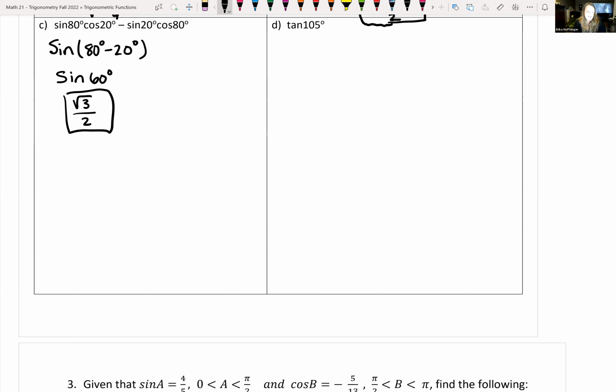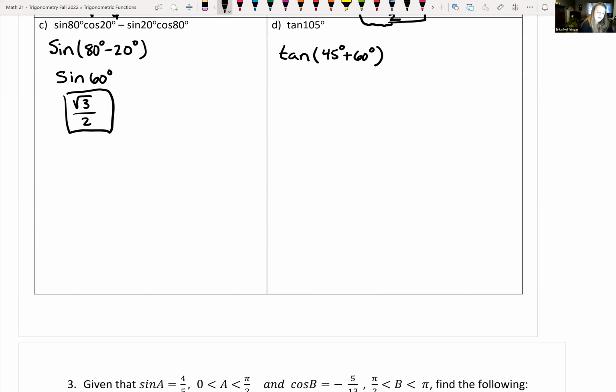So looking at tangent of 105 degrees, I noticed that I could write this as a sum of 2 angles I know. And so tangent of 105 degrees is the same as tangent of 45 plus 60, which is 105. So 45 degrees plus 60 degrees. So I'm going to use this formula for the sum of 2 angles for tangent.